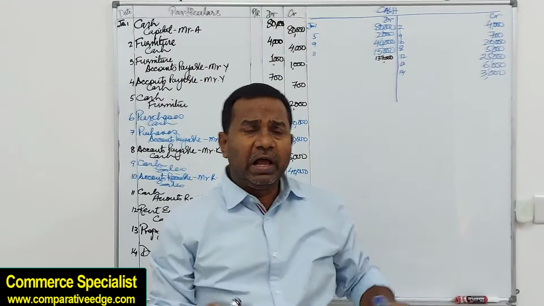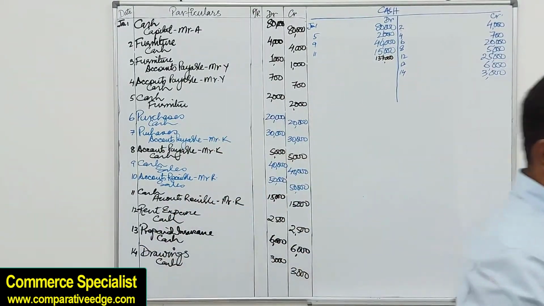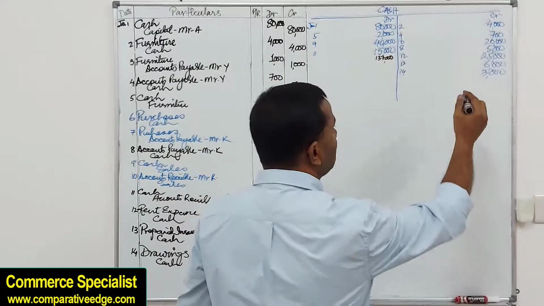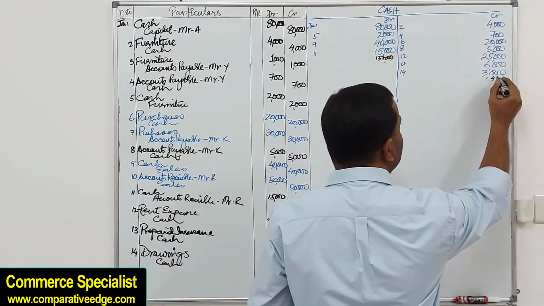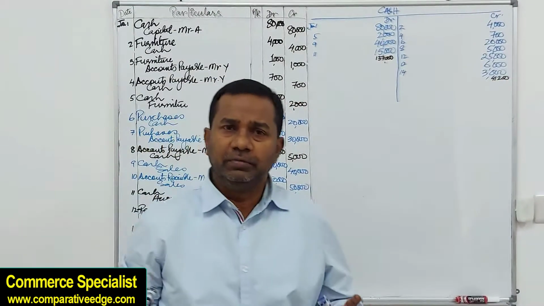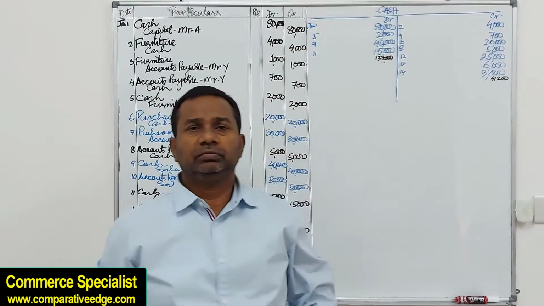Then what I have to do is the total of the credit side as well. If I use the calculator and add them up, the credit side adds up to 41,200. So this is 41,200. All right, footing done. I have totaled the debit and I have totaled the credit.